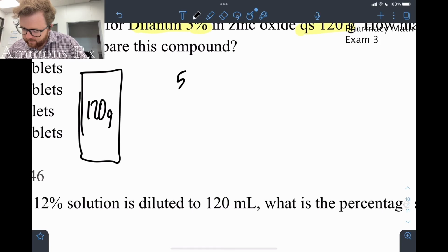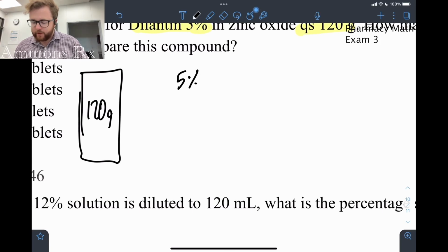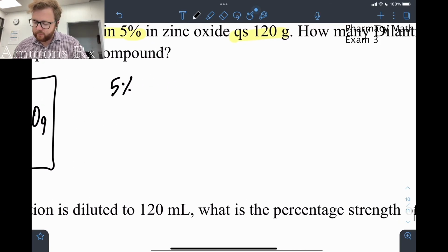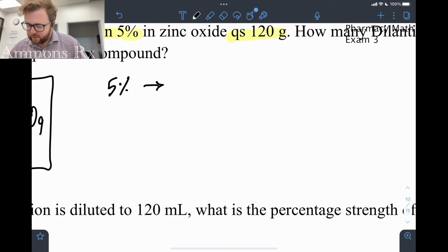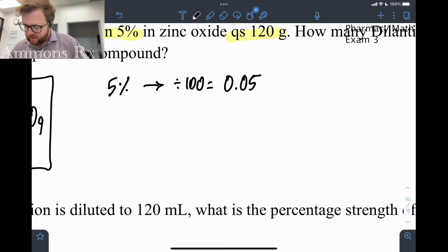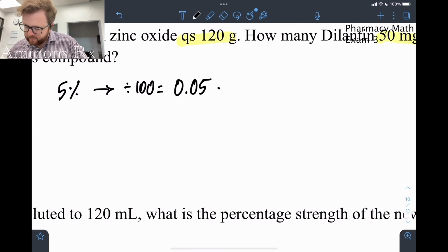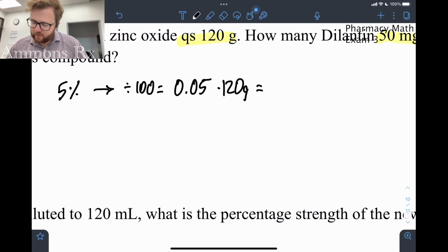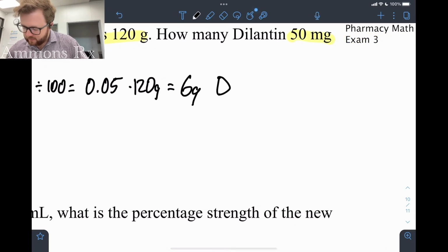When you have a percentage, you need to convert it to a decimal first, by dividing by 100. You should end up with 0.05. So 0.05 times 120 grams is equal to 6 grams of pure Dilantin.